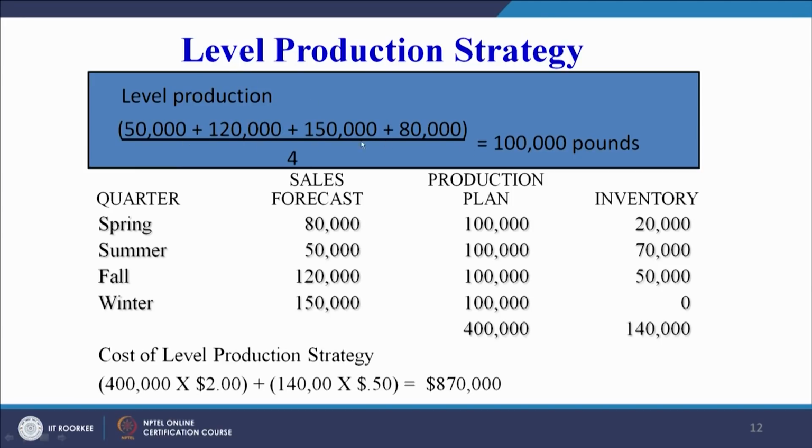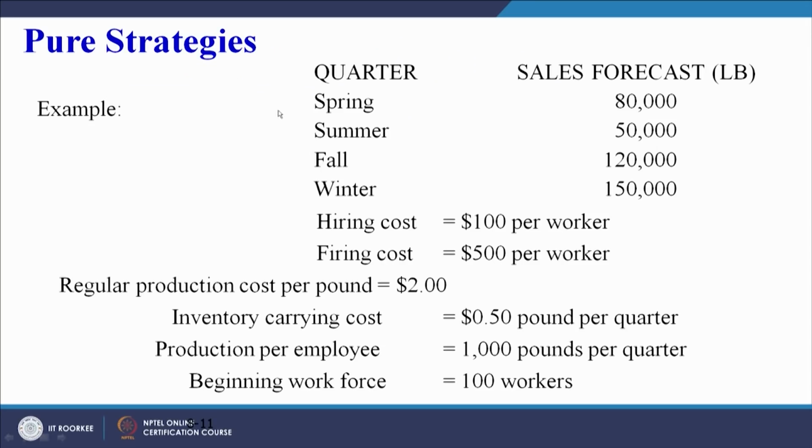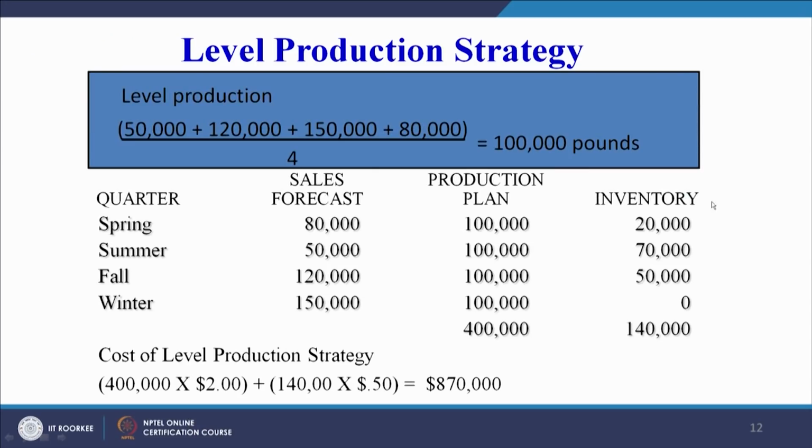If we add these 4 forecasts, our level production average comes out to be 1 lakh pounds per quarter.